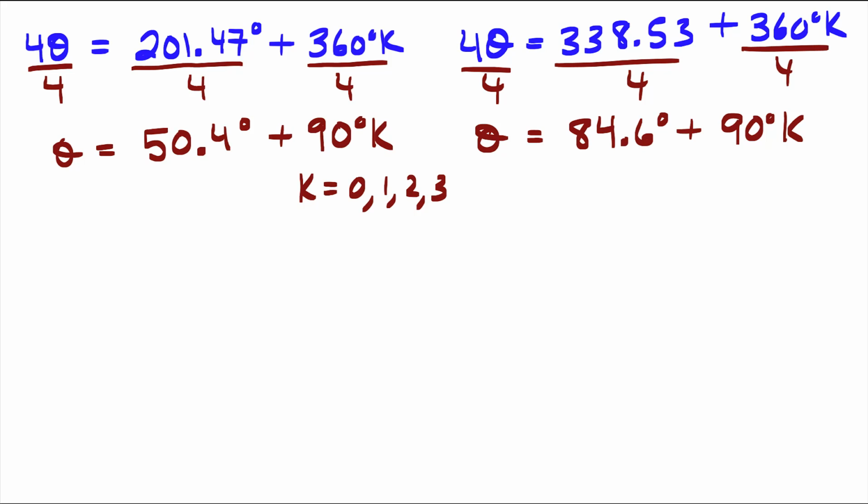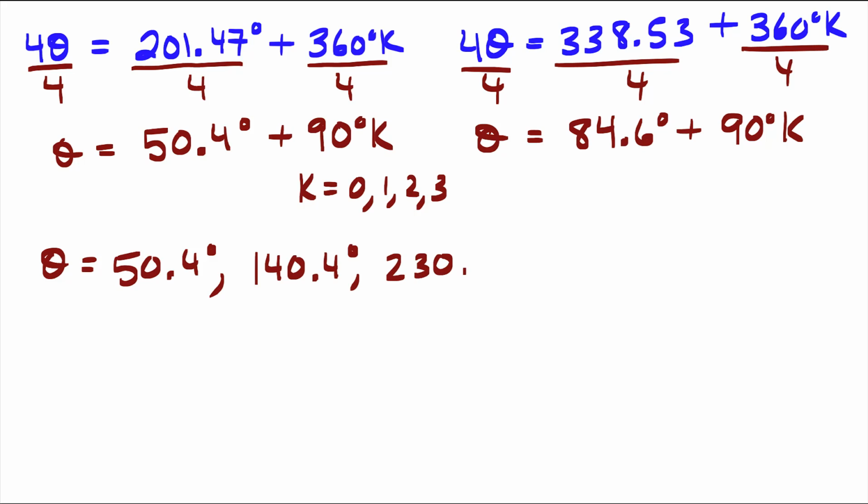Alright, and this one you probably do on your calculator. So just punch it in, use 50 degrees first time, and then just keep on adding multiples of 90. Really, it's going to be 50.4 plus 90 plus another 90 plus another 90.